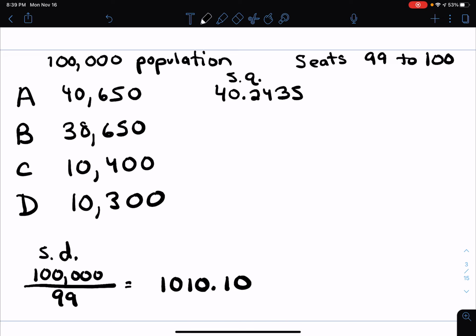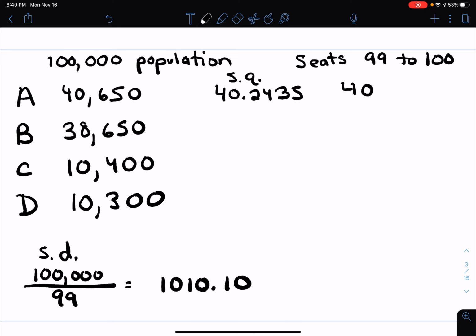Remember, Hamilton's looks just at the decimal part, whereas Lowndes looked at that relative fractional part. We're not going to do Lowndes right now, but these same paradoxes can occur with Lowndes' method also. So anyways, standard quota, the integer part is 40. And we don't know yet what's going to happen as far as who's getting leftovers.